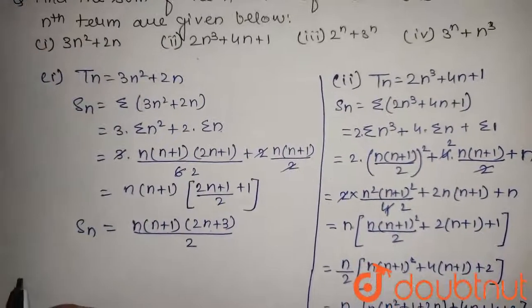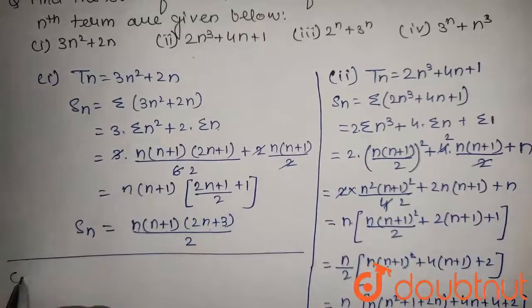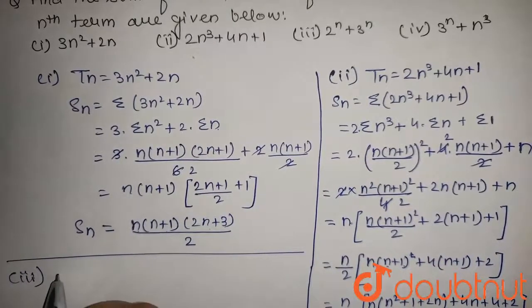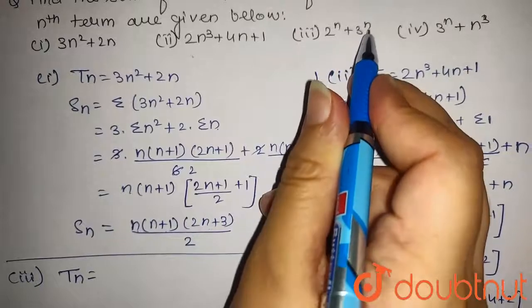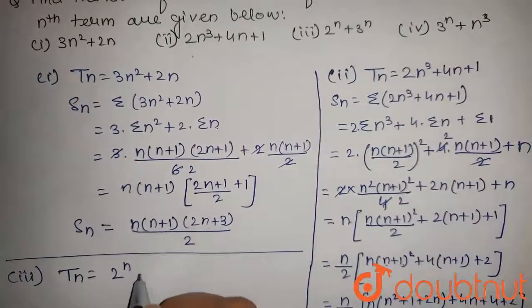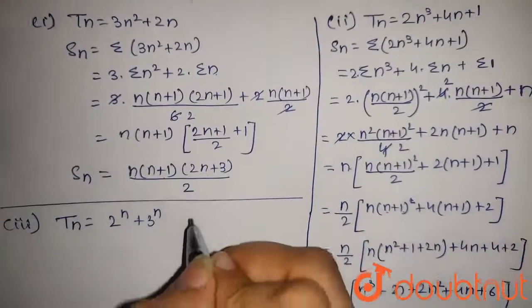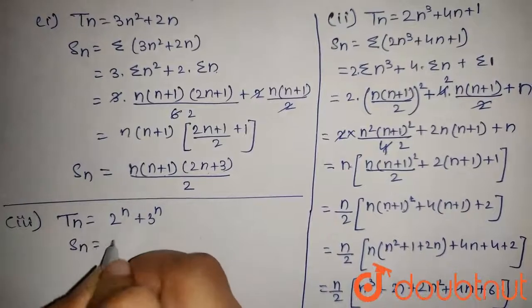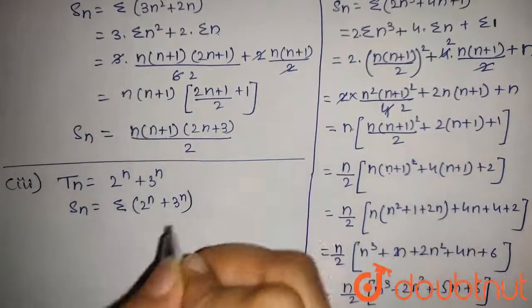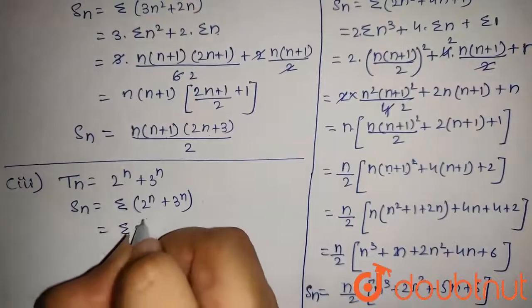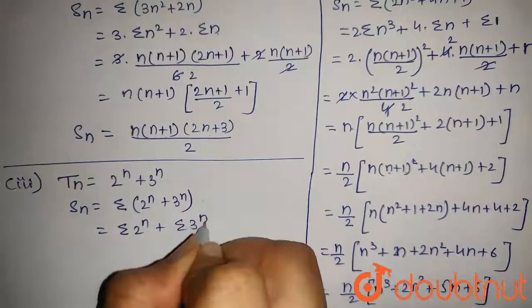Now the third is, the nth term is given as 2 to the power n plus 3 to the power n. Now its sum will be Sn is equals to summation of 2 to the power n plus 3 to the power n, or this can be written as summation of 2 to the power n plus summation of 3 to the power n.